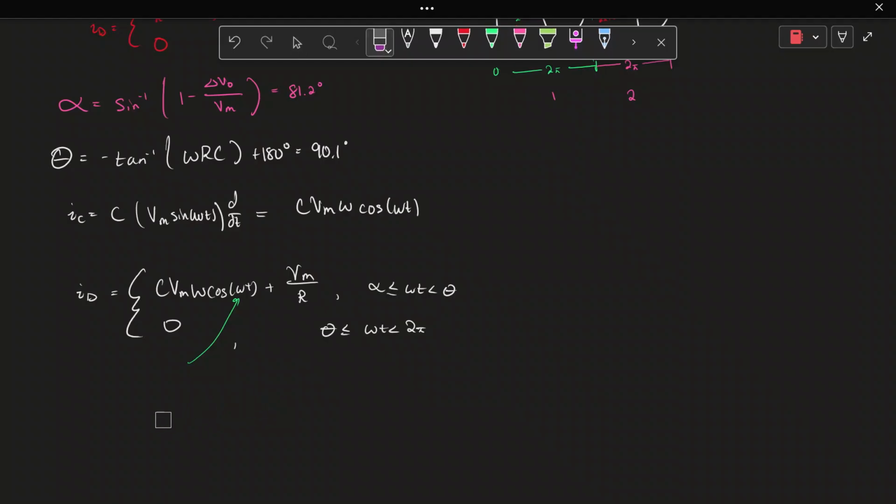So what we can then do is say I peaks at alpha, right? Because it's the furthest away from 90.